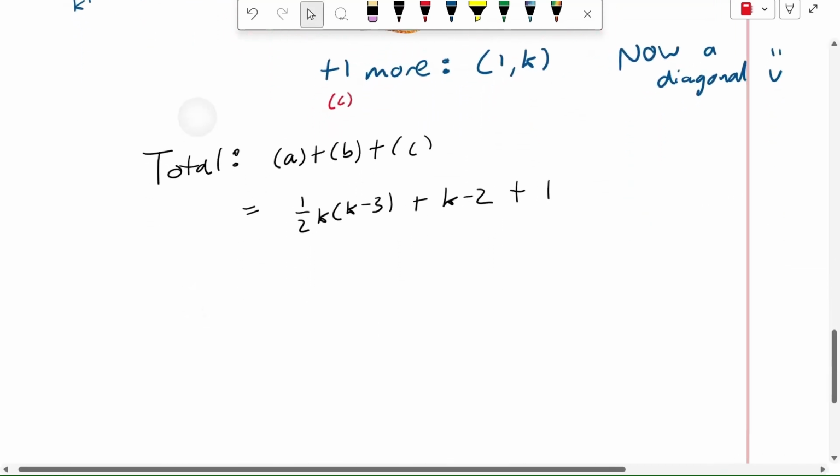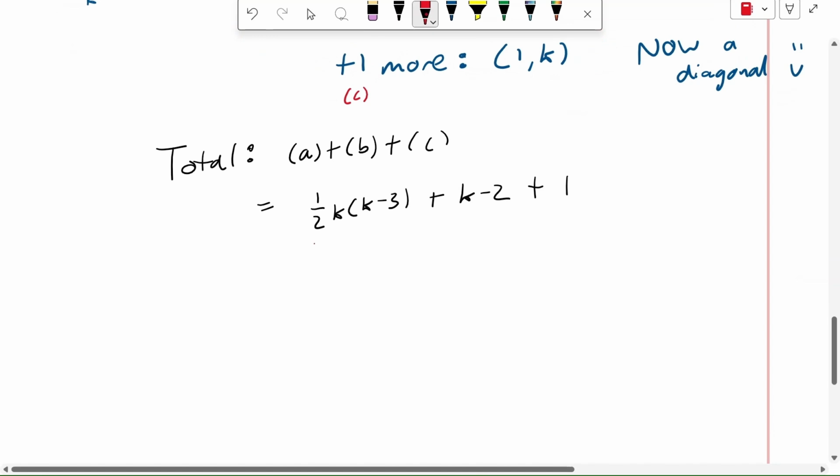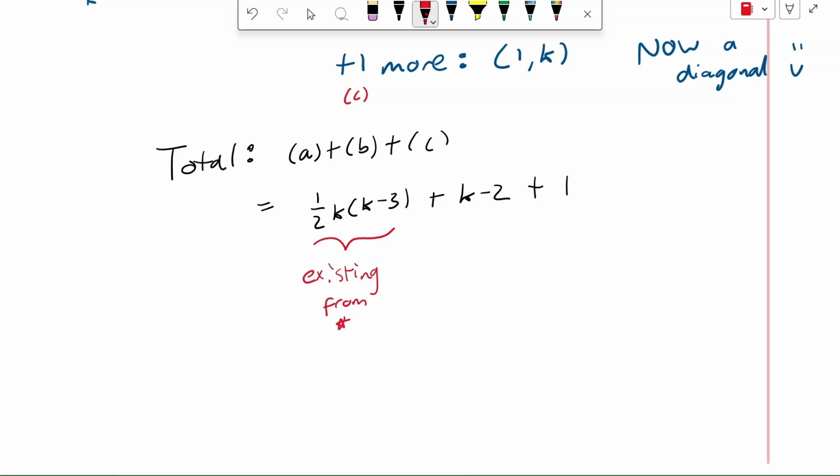Just to be really transparent, that is the existing diagonals from the star. These ones are the connected to vertex k+1, and this one is the new diagonal between 1 and k. So that's where those 3 bits come from.